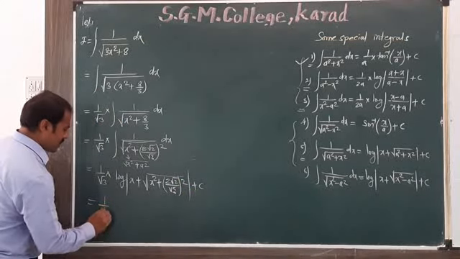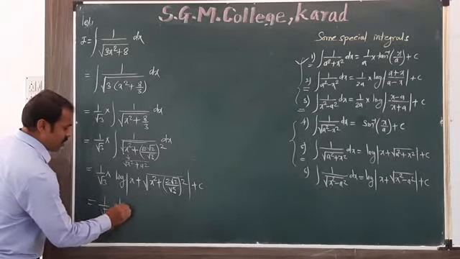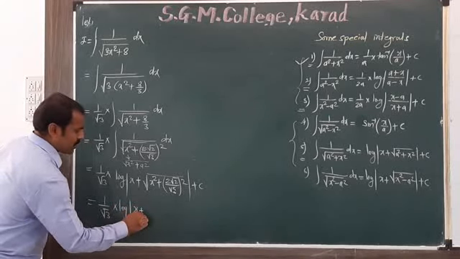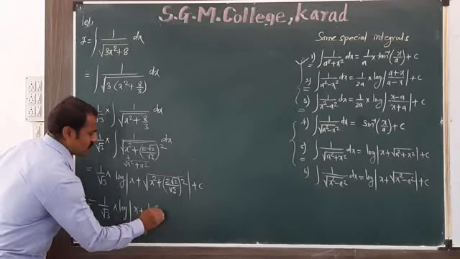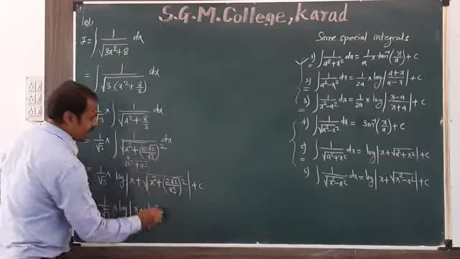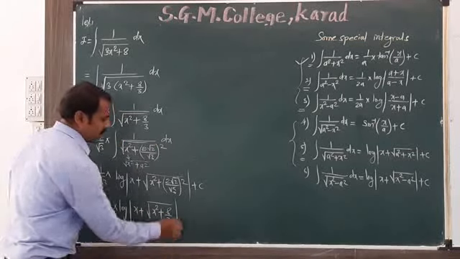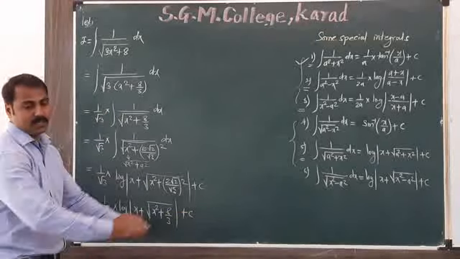After simplification we write this as 1 upon root 3 into log of mod of x plus square root x square plus, the square of 2 root 2 is clearly 8, and the square of root 3 is 3, plus constant of integration c.